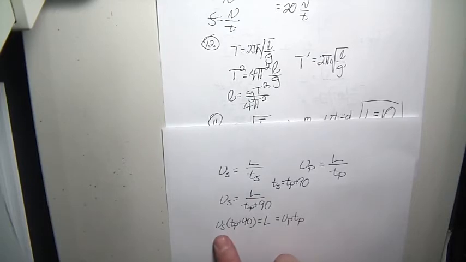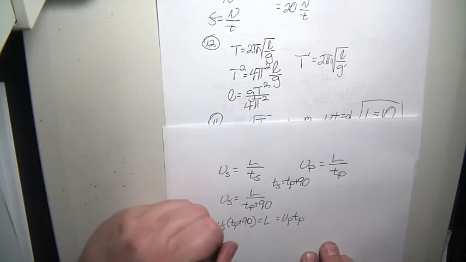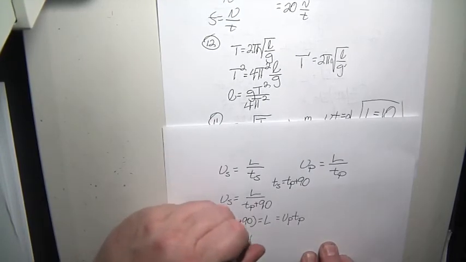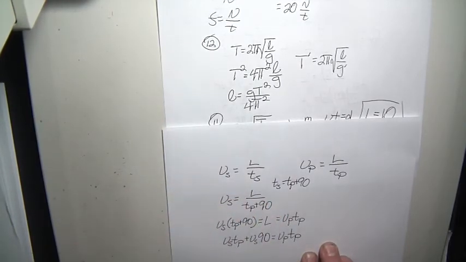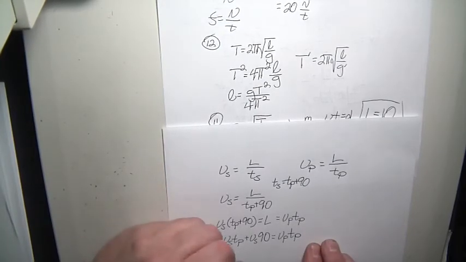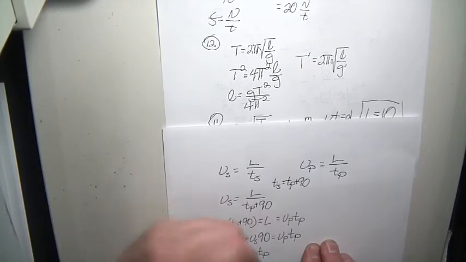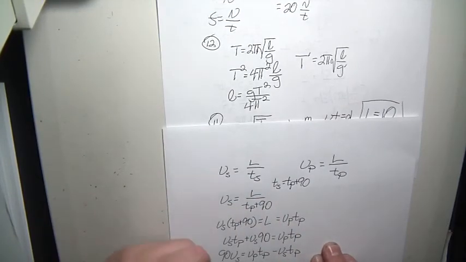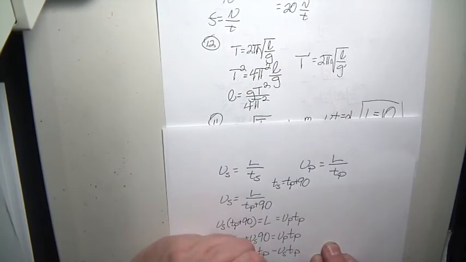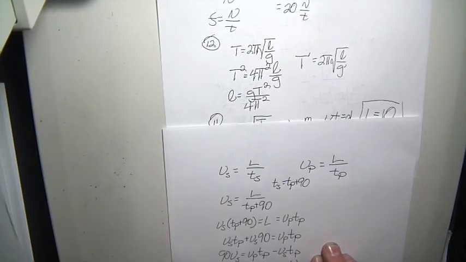Because I know the two velocities, TP is the only variable. So VS TP plus 90 VS is equal to VP TP. Move this over here. 90 VS is VP TP minus VS TP, or 90 VS is TP times VP minus VS.